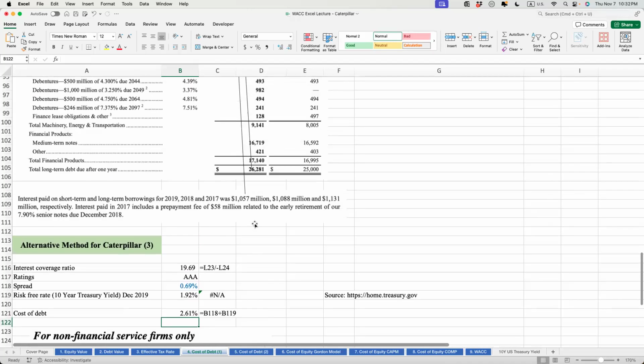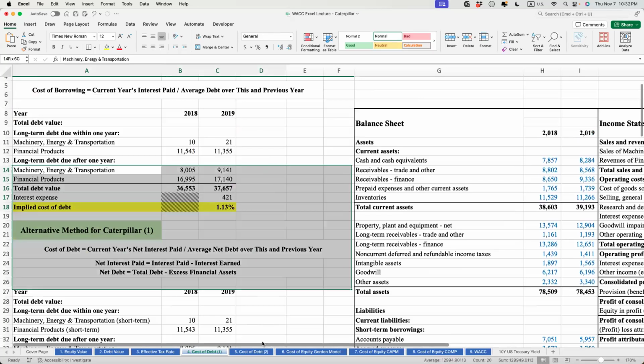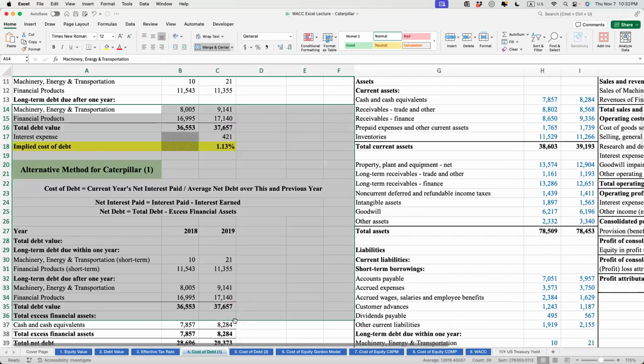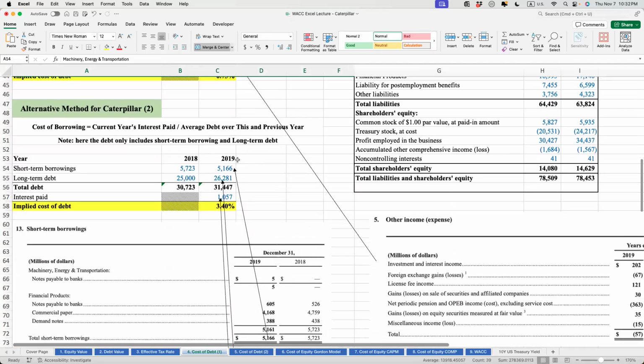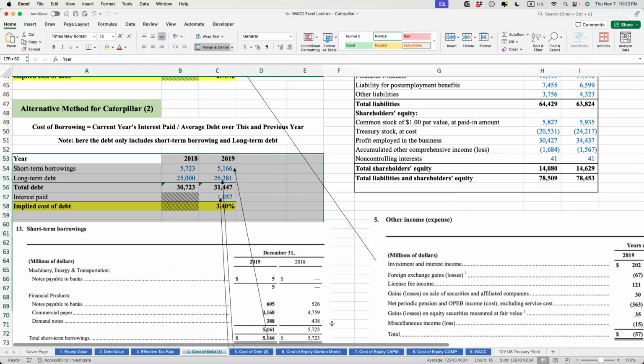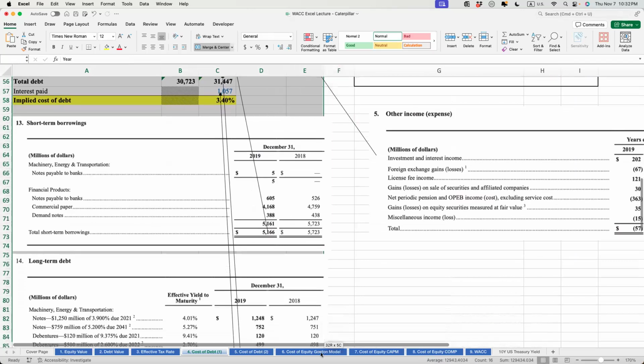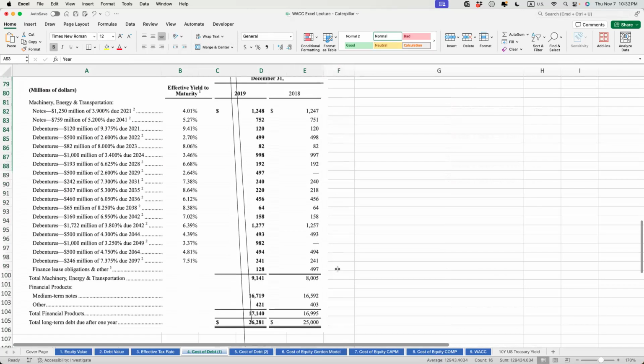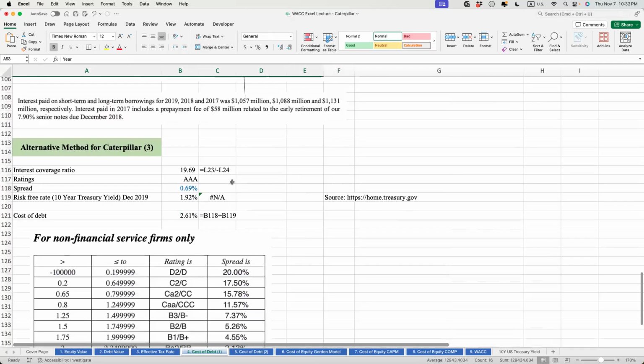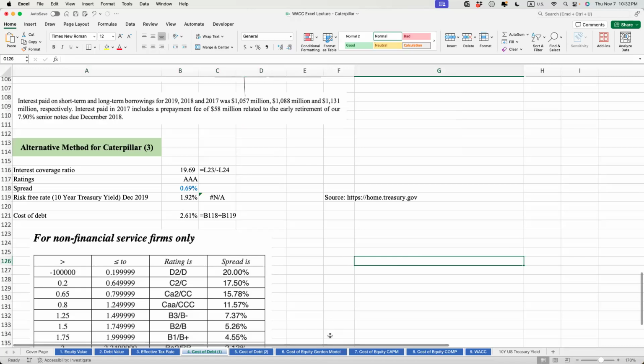For our class, at least you need to understand the first two methods because you may see them on the exam. But I do want you to take a little time to practice the other methods, because sometimes you may not have certain information, and then you have to find other ways to estimate the cost of debt for your WACC calculation, okay? So this will be the cost of debt.